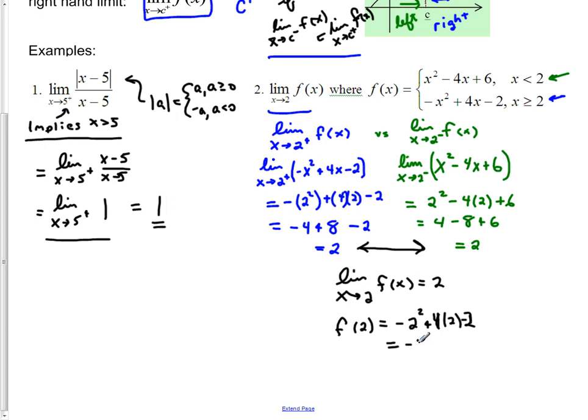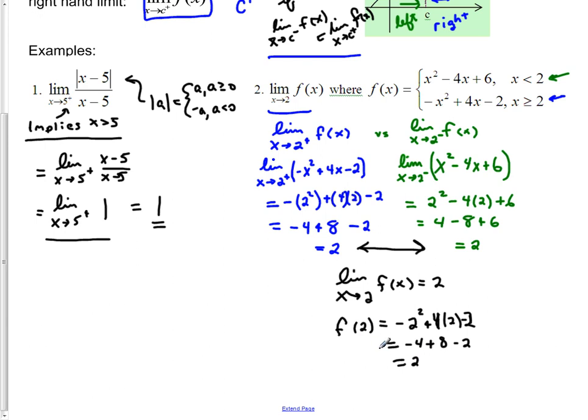That's minus 4 plus 8. Boy, this got a leaky pen today. Let me try it again. Negative 4 plus 8 minus 2, and sure enough, that's equal to 2.